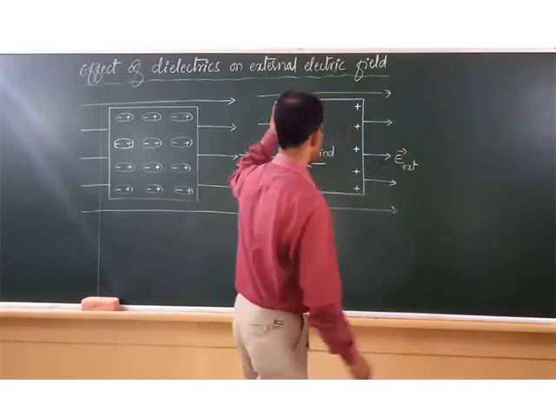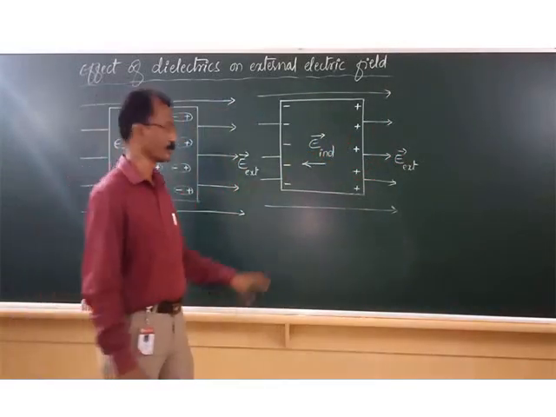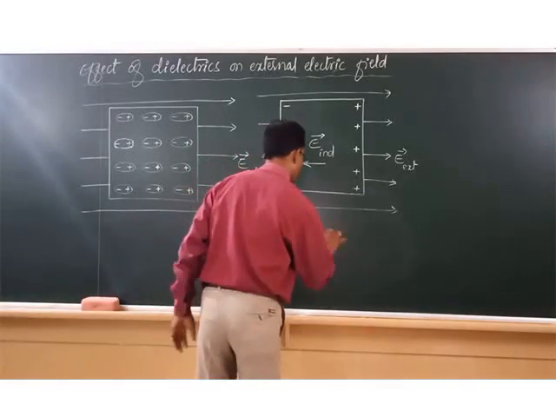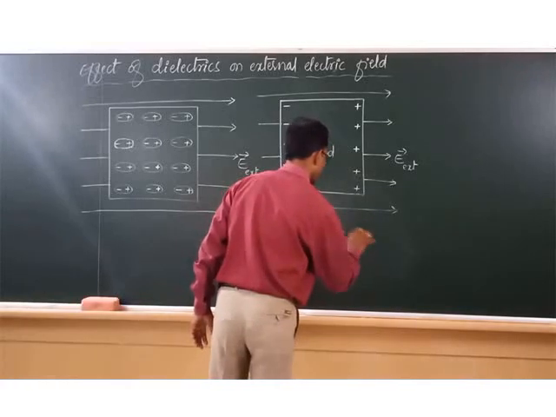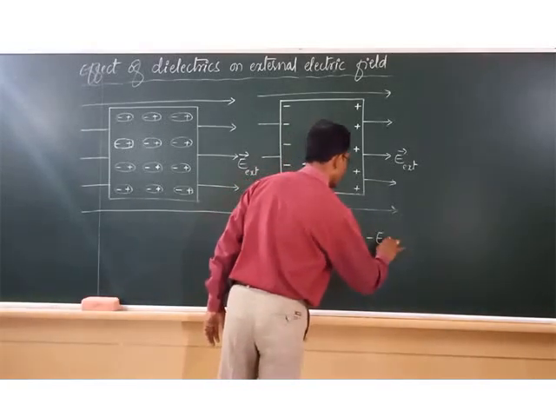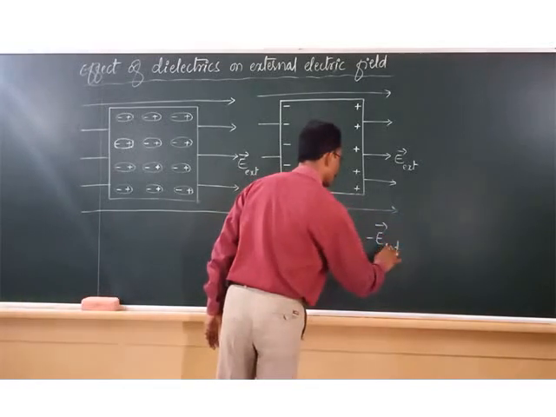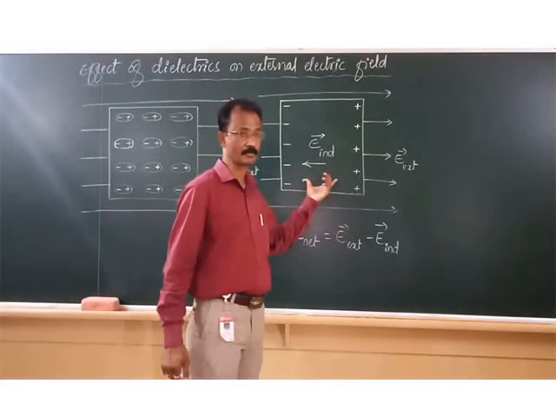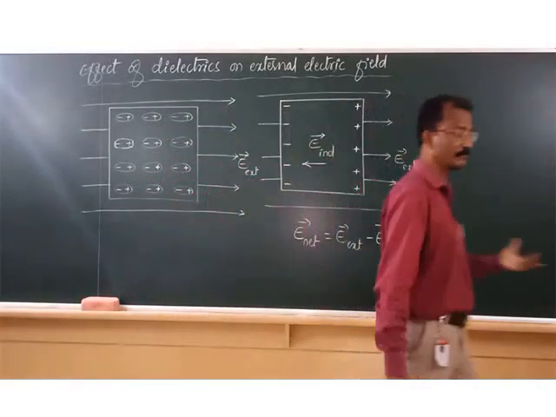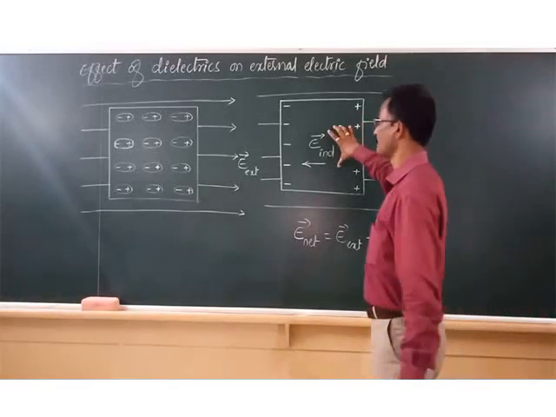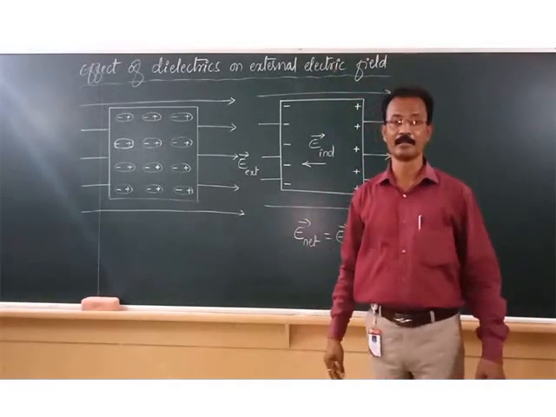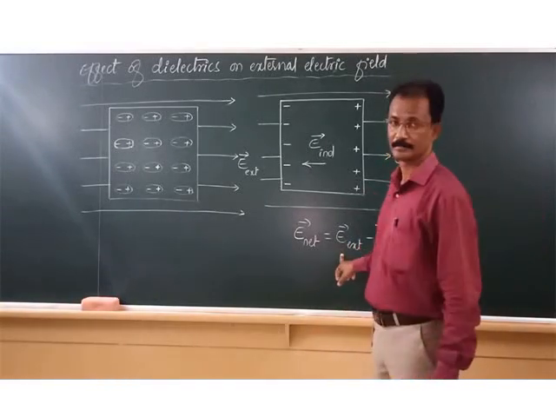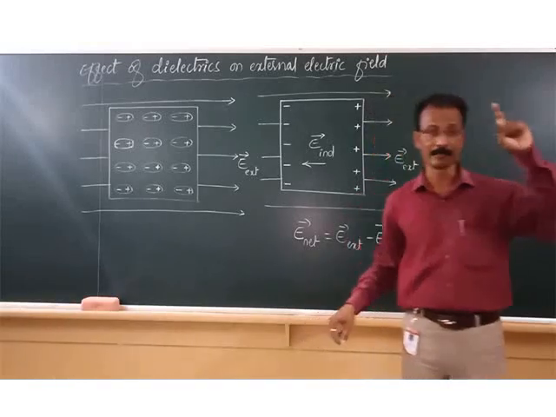Due to that, the net electric field is reduced. Net electric field is equal to E external minus E induced. So the net electric field is reduced inside the slab. Thus the dielectric slab placed in an external electric field reduces or decreases the net electric field.